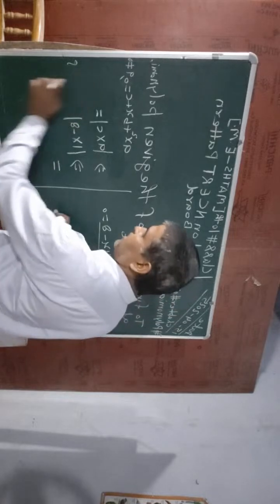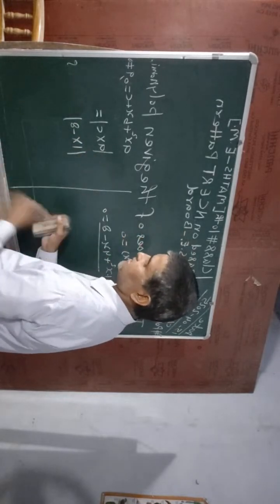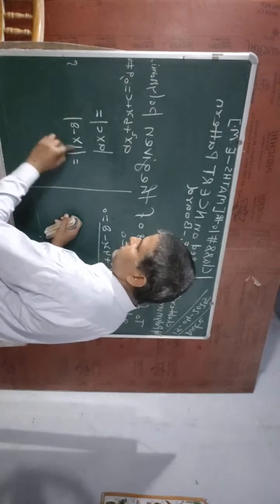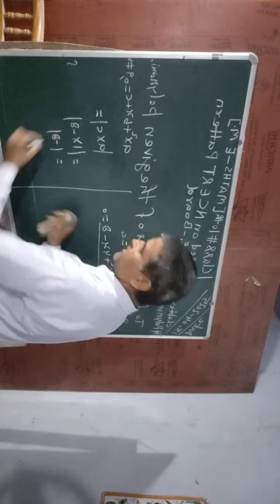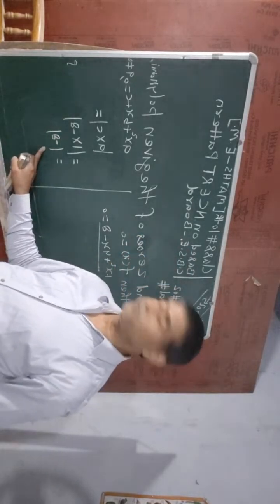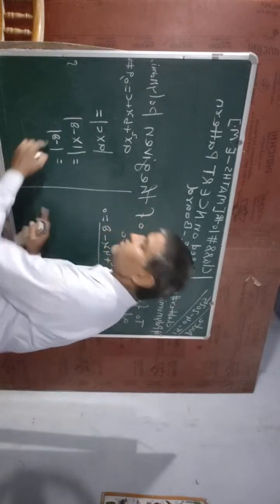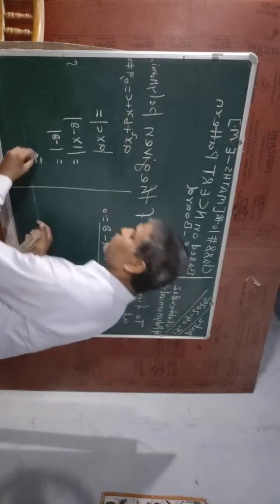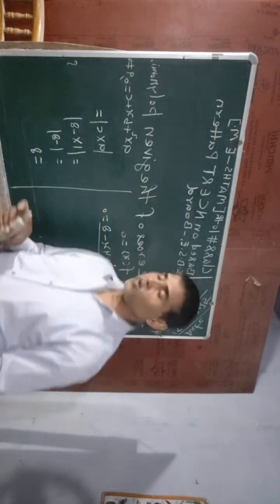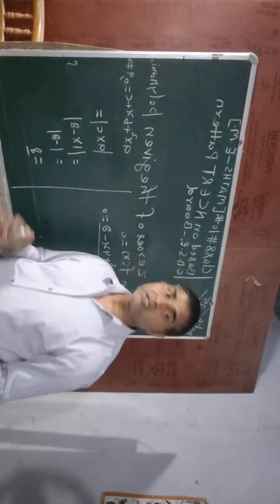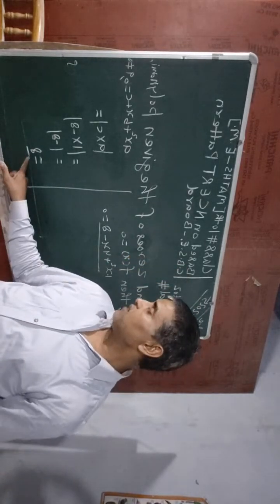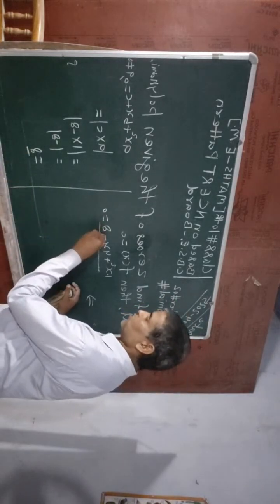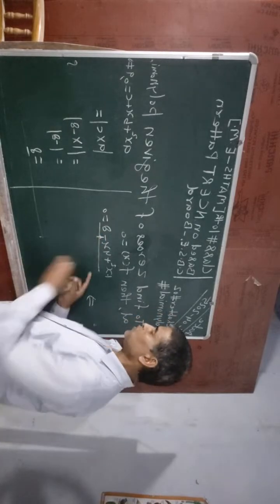After multiplication, I will get 1 into 8 minus 8 in the modulus. The modular sign gives a positive value, it has the property that any negative term becomes positive. Further, I have to take its factors. I will make two factors such that after subtraction we get the coefficient of x.